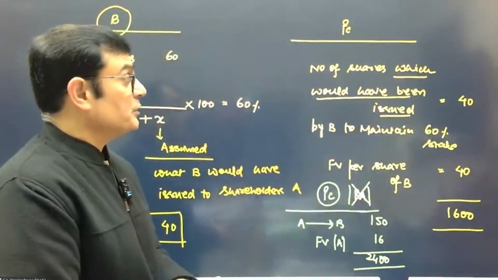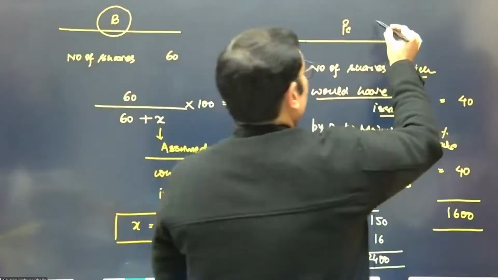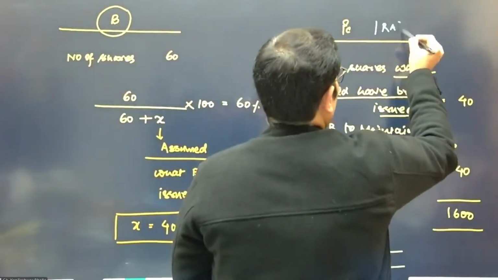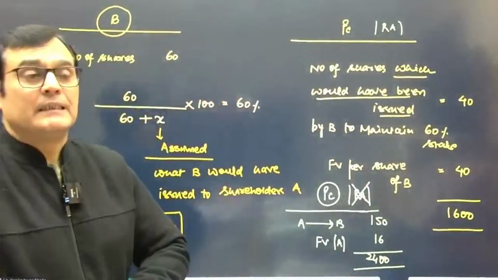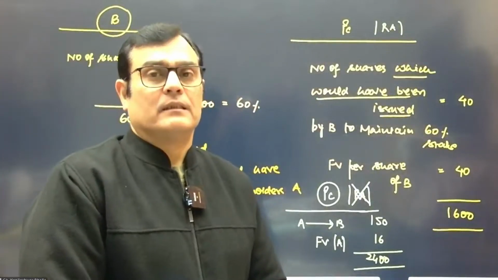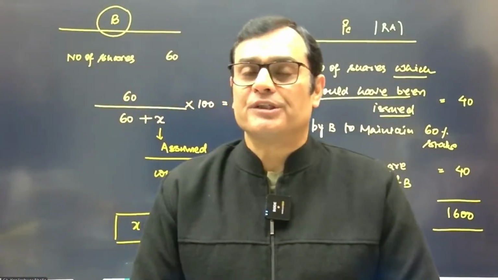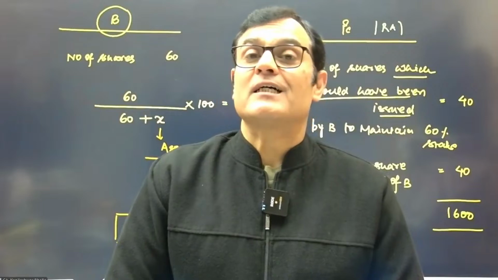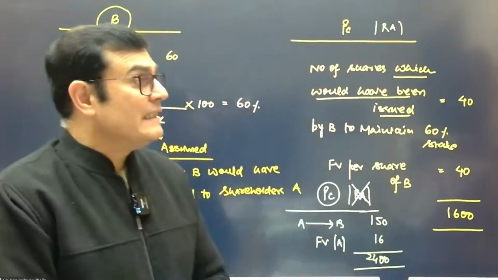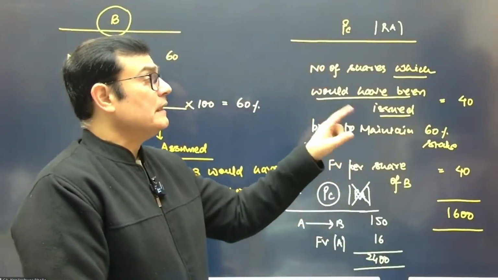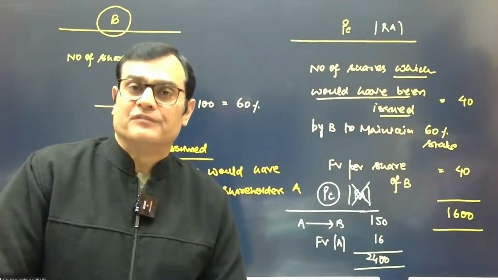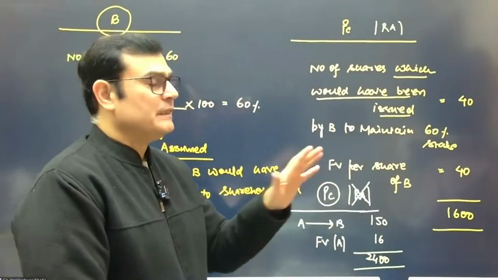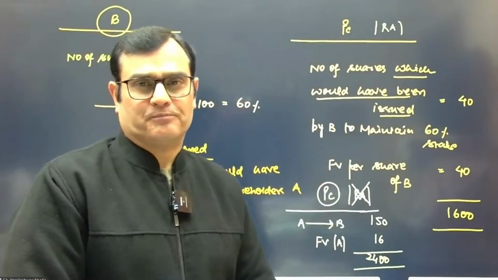In a reverse acquisition, you need to visualize and calculate if B, the accounting acquirer, would have issued shares to the shareholders of the accounting acquiree to maintain the percentage of 60, how many shares he would have given, into the fair value of B, and you get the purchase consideration.